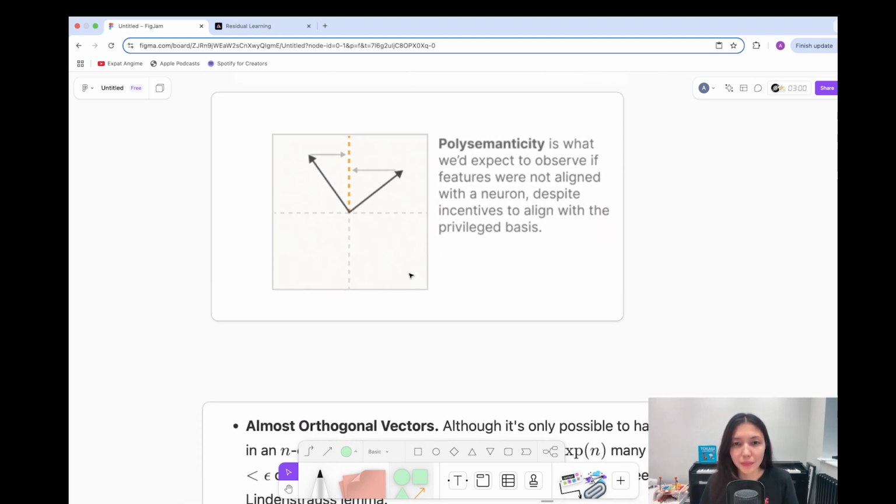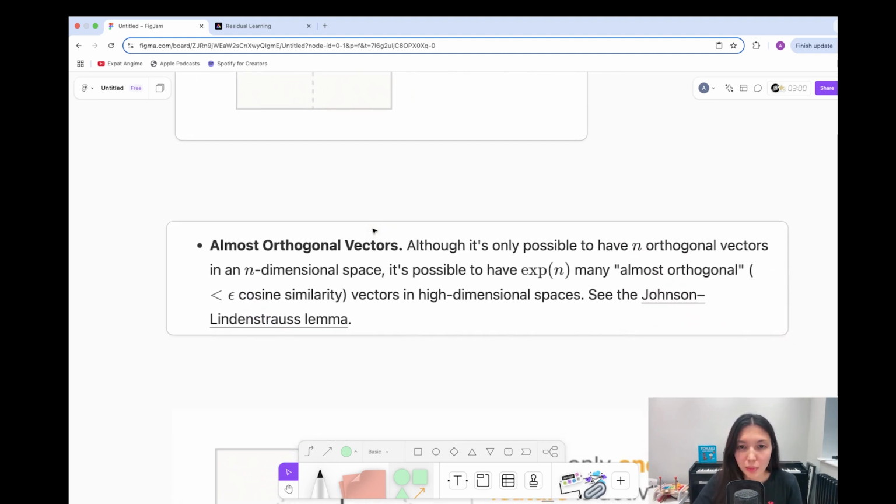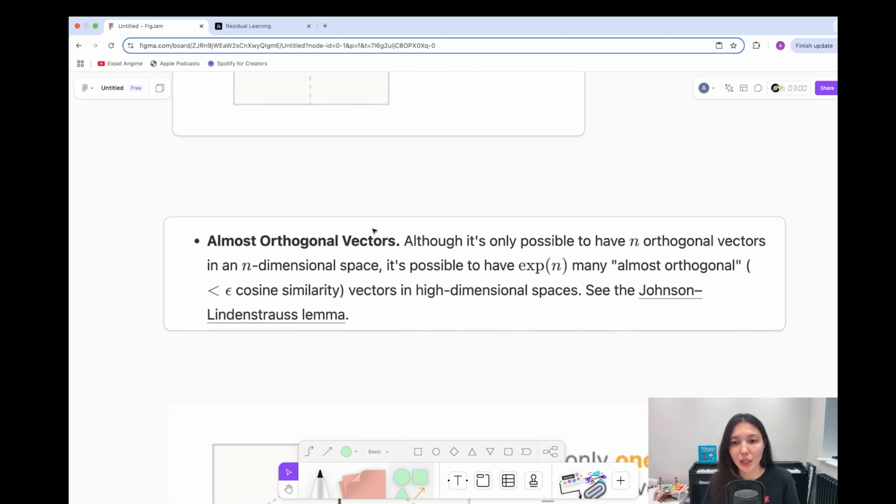So the polysemanticity is illustrated here, and when we study the neuron basis direction, we will see actually distinct features combined.